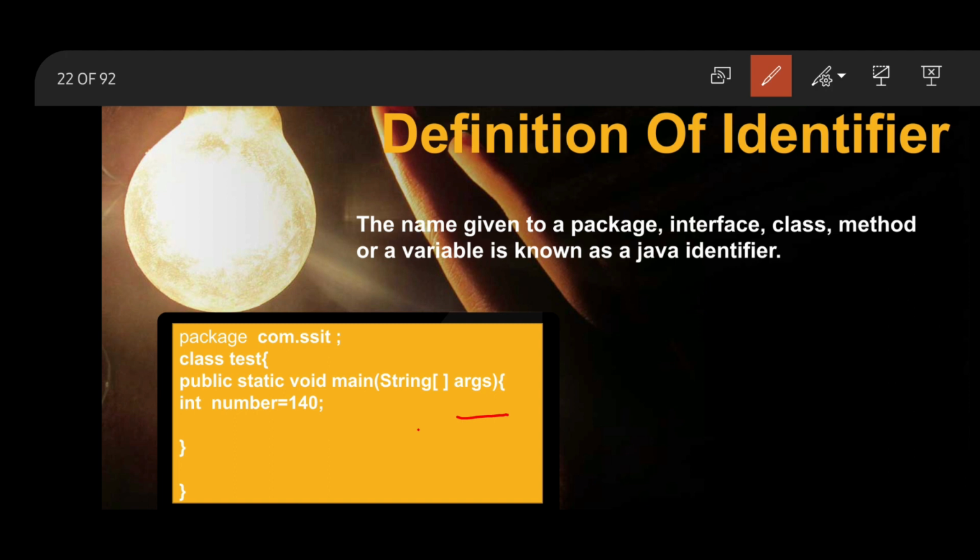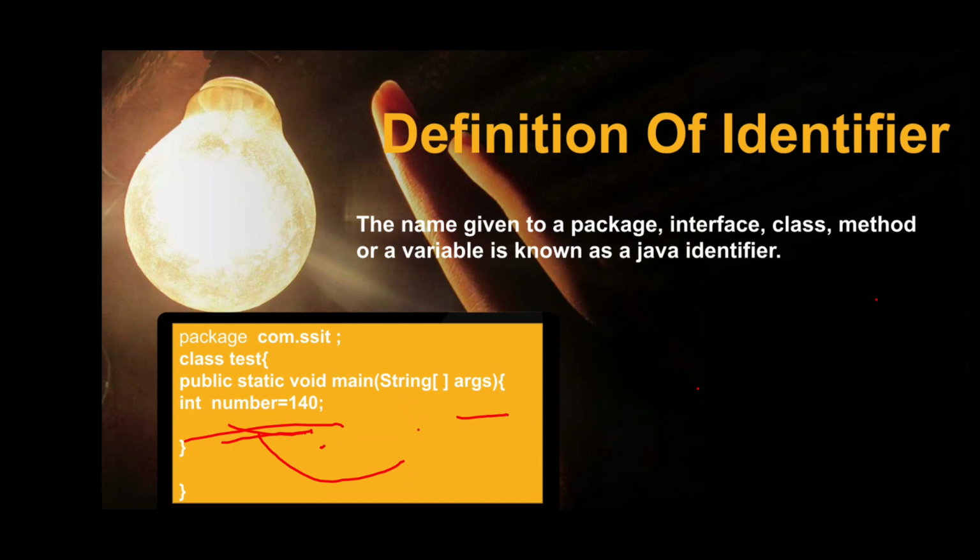Here String is one identifier. Then here we created one variable. The name of the variable is number. Number is of which type? Int type. Here, the name of the variable, number, we can call an identifier. Now I think you got my point, right?